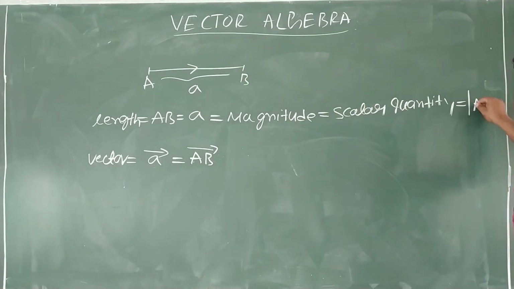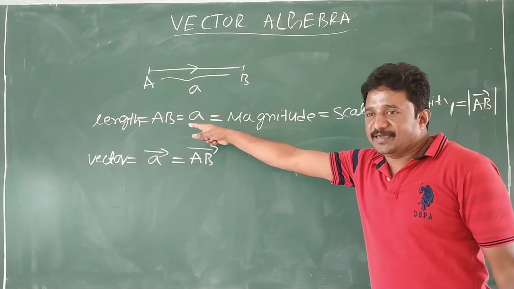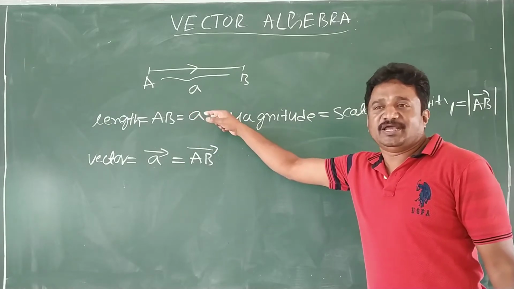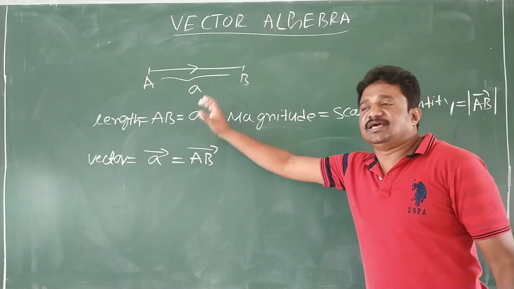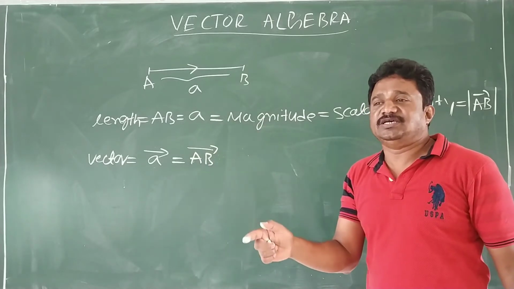If I write this, it means magnitude. What is the meaning of this? Mod vector AB means length of the vector AB. How much is the length of the vector AB? A or AB. AB means distance between A and B. Scalar quantity is magnitude. Scalar quantity with direction is vector.